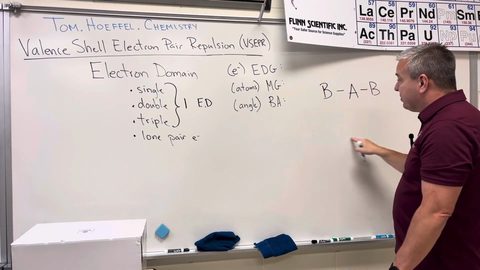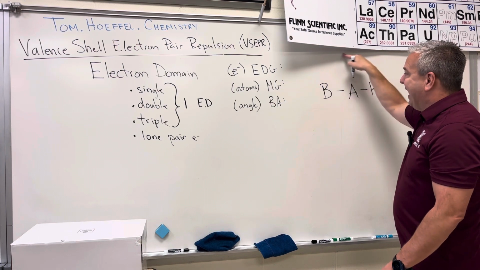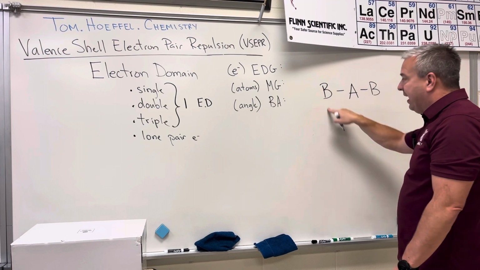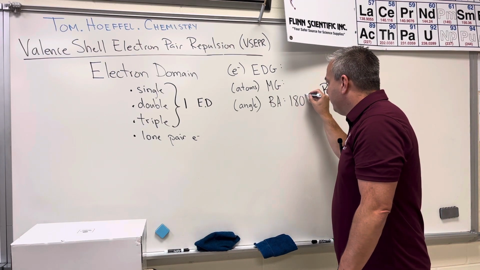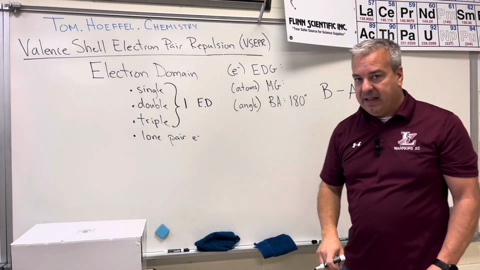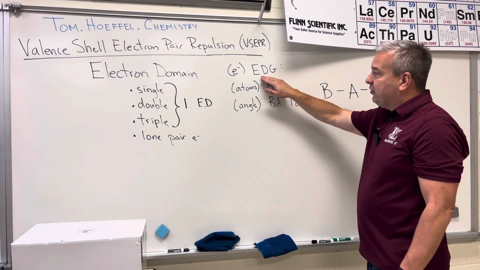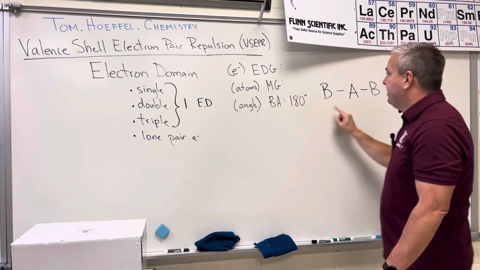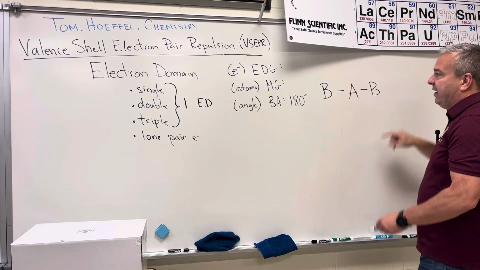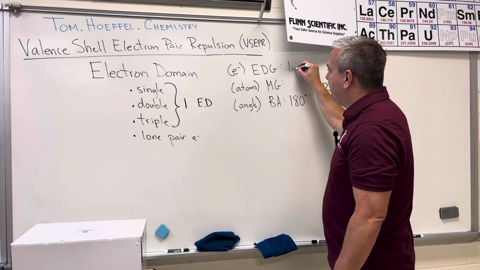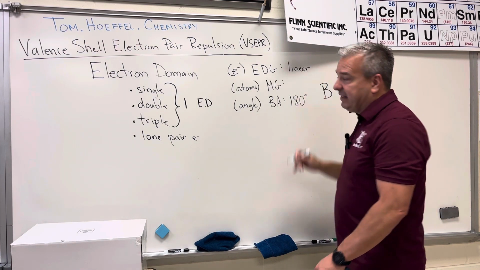Remember, a whole circle is 360, so half would be 180 and then the other half would be another 180. So the bond angle here is going to be 180 degrees. Now the electron shape is just the domains, and it looks like it's going to be a straight line. We're going to use a fancy word for straight line: linear.